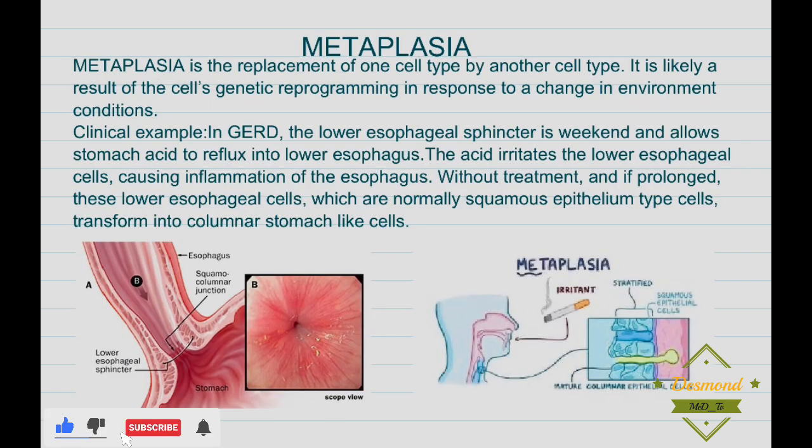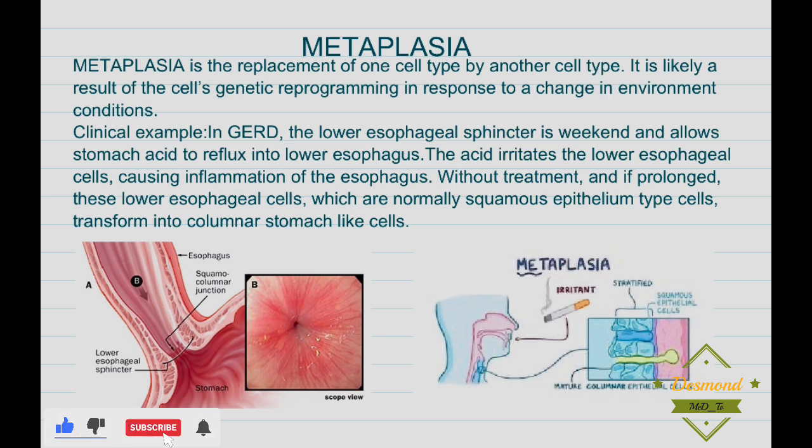Now let's look at our next term. Now metaplasia is where things get a bit more interesting. It's a very, very interesting thing. Now let's look at the definition. Metaplasia is the replacement of one cell type by another cell type.